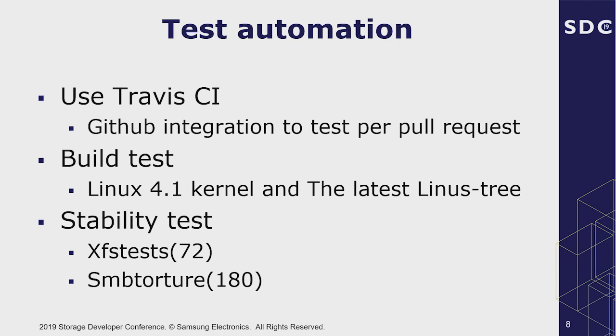Travis CI will do a build test with the 4.1 kernel and the latest Linux kernel. Then Travis CI runs the xfstests and SMB torture test cases to check for stability issues in the patch. Test automation lets us find bugs in pull requests in advance. After resolving them, the patch will be merged into CIFSD to keep it as stable as possible.